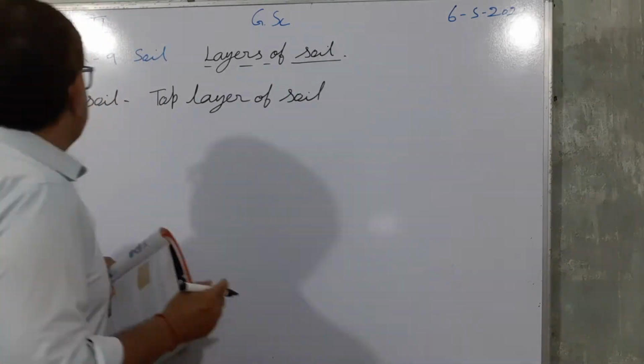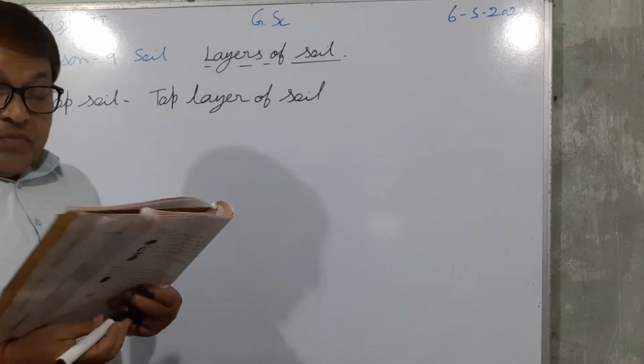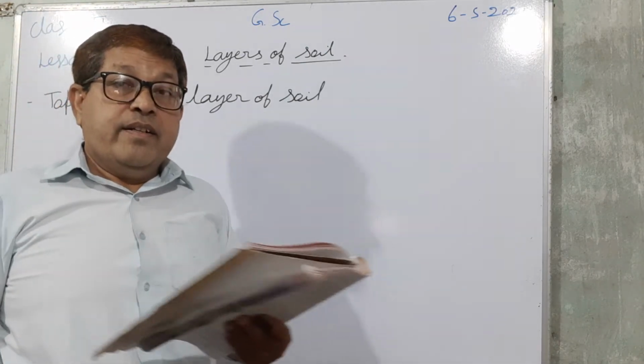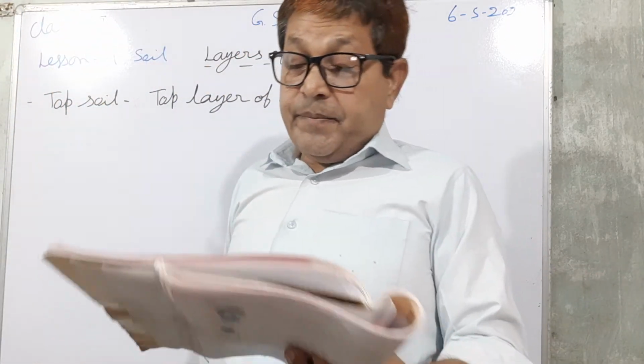It is called the topsoil, which is soft and dark colored.